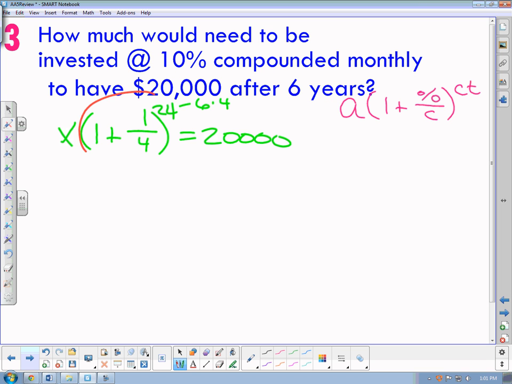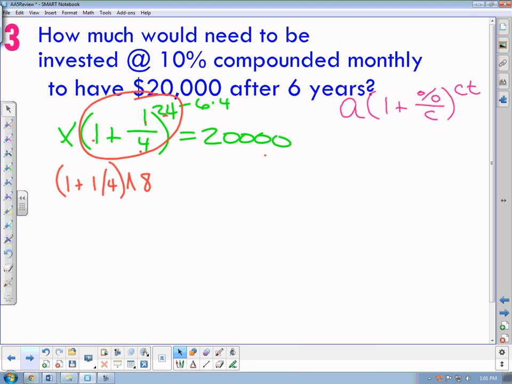This now is just a number. You don't have to try to move each of these things separately to that side. You can move it all at once if you treat it as a number. Put this into your calculator. And then you're going to divide both sides by that.